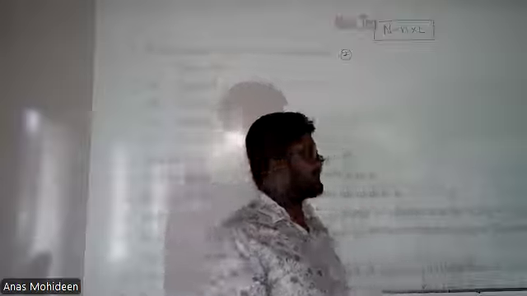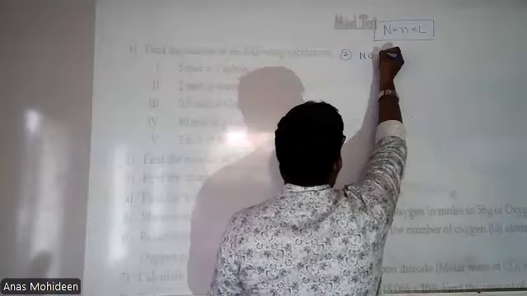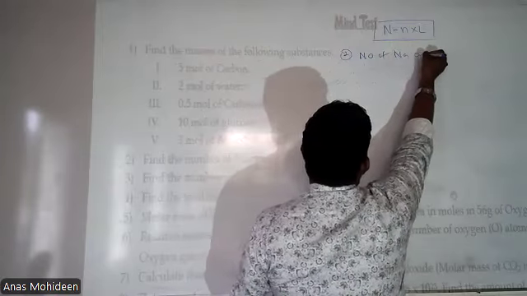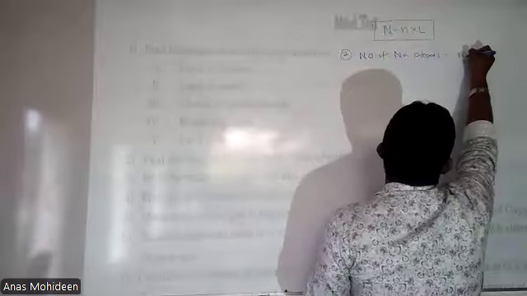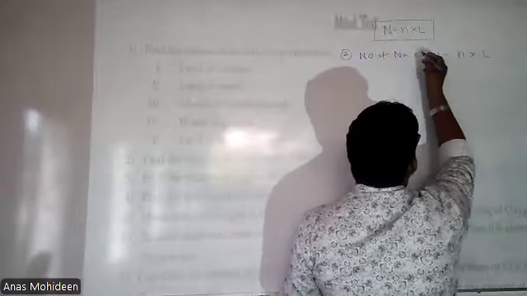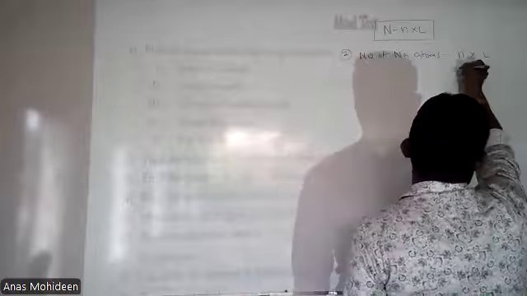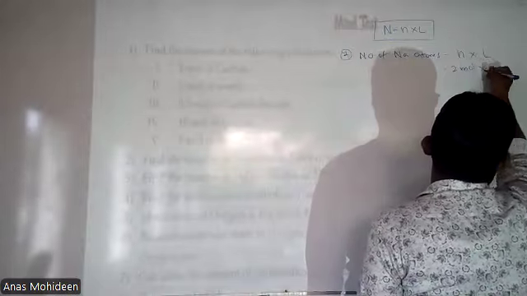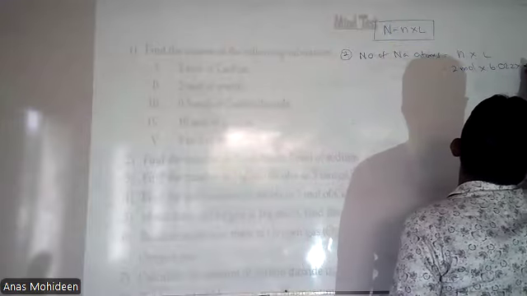Clear? So accordingly, now the question asks about 2 moles. So I'm writing: number of sodium atoms equals moles into Avogadro. Correct? How many moles are there? 2 moles into Avogadro, 6.022 into 10 to the power 23 per mole.